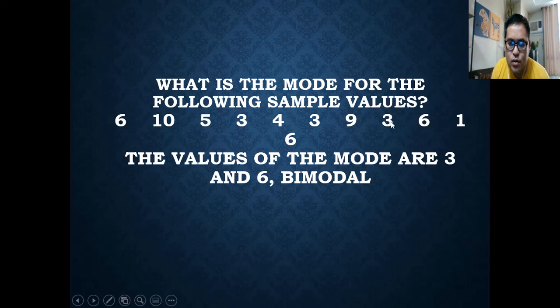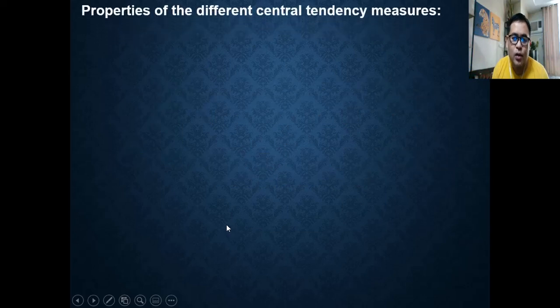So the modes of this distribution are 3 and 6. Since there are two modes, we call it bimodal. That means this distribution has two modes.